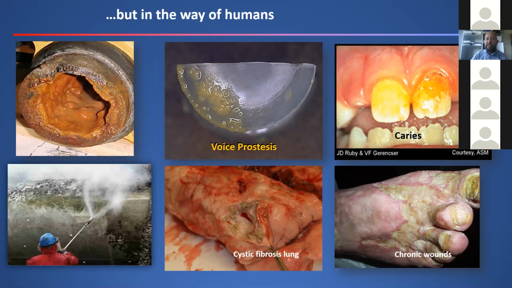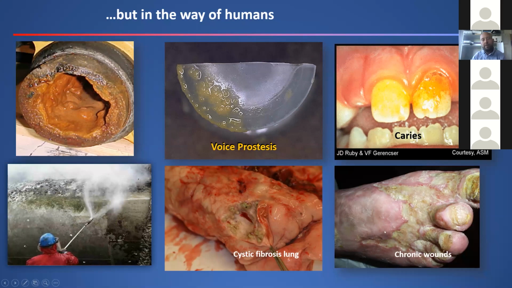The plaque on your teeth is bacteria, which can cause caries and so on. Any vessel submerged in water, bacteria and algae form on it, forming biofilms. In patients suffering from cystic fibrosis, in the chronic infections, the bacteria are also situated in the mucus as aggregated bacteria, and also within chronic wounds.